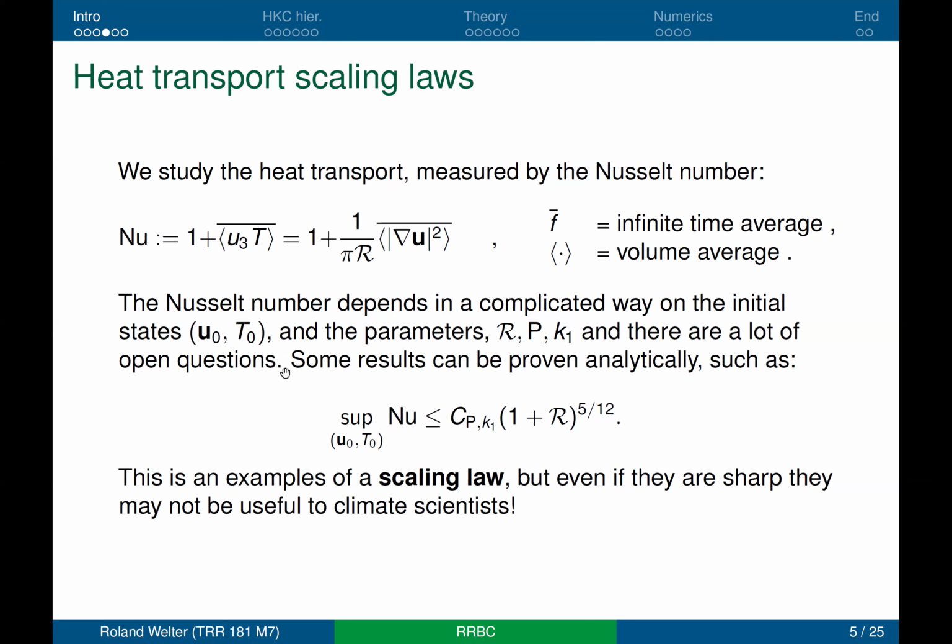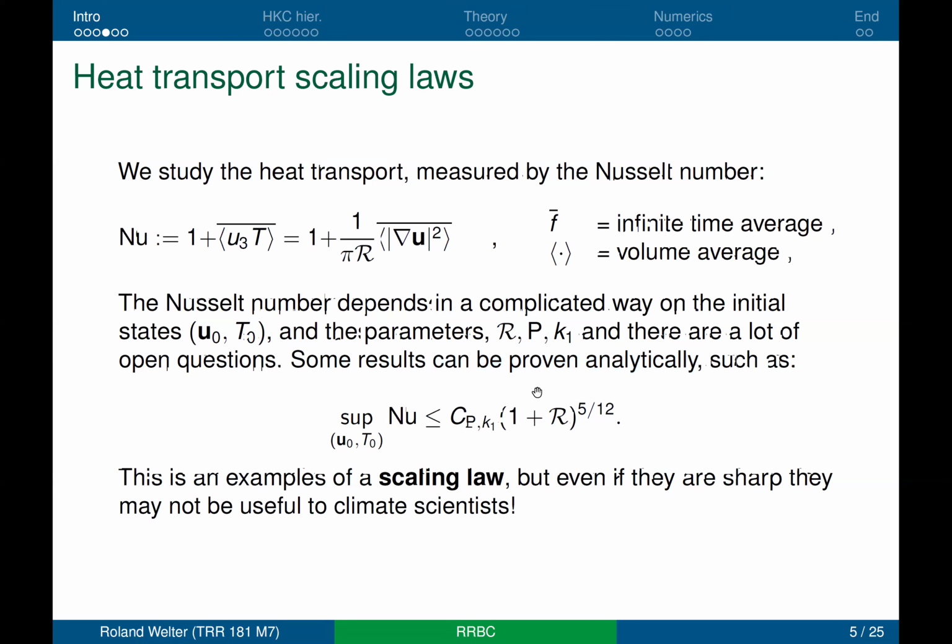There are a lot of open questions about this quantity. There are a lot of numerical studies and experimental studies, but relatively few results proven analytically.